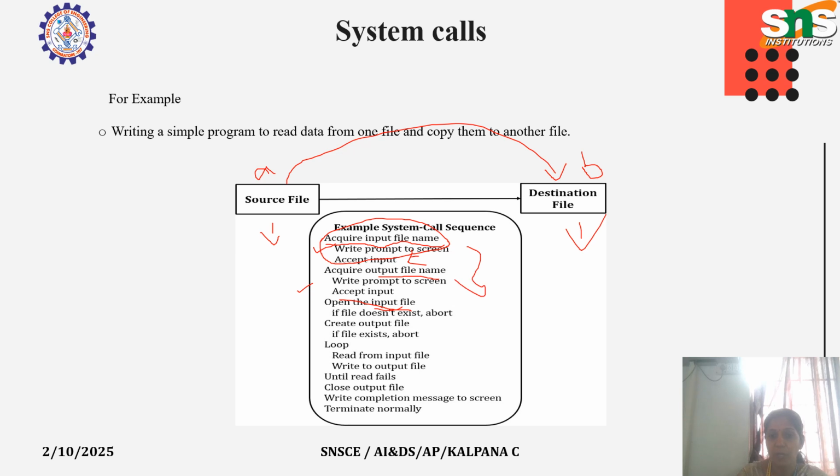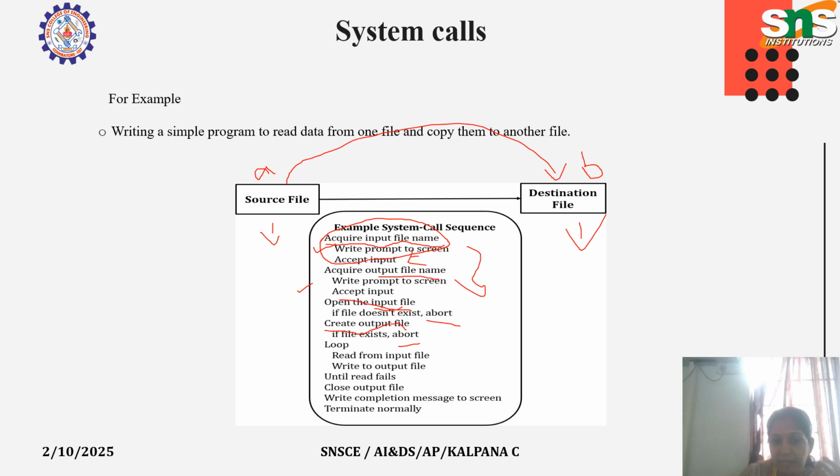Abort is nothing but terminating or deleting the process so far carried out. Then next is create the output file. If the file exists, abort, which means if the same file already exists, we cannot create a file, so we have to abort here.